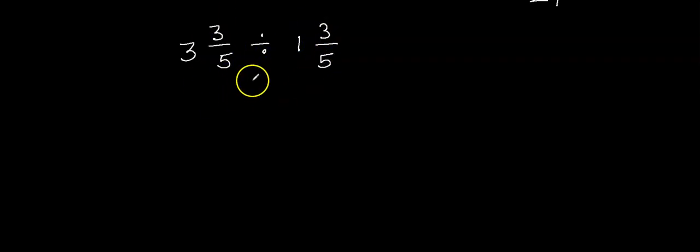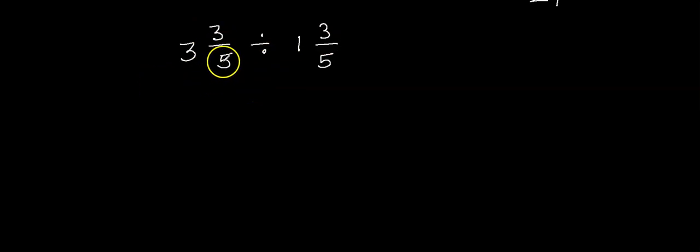Now let's see how we divide mixed numbers. The first step is we have to convert mixed numbers to improper fractions and then divide both fractions using the same method as I've just explained. Let's check out an example. Say we have 3 and 3/5 divided by 1 and 3/5. First we have to convert both of these mixed numbers to improper.